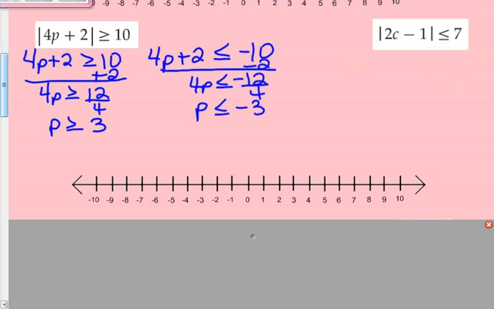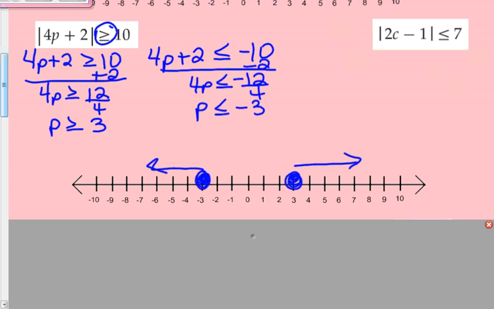And now, when we look up here, a greater than should mean these split apart. So we'll find our negative 3, fill it in, because it's equal to, and go less than. Find our positive 3, fill it in, and go greater than. And there's our answer. We've solved it and graphed both solutions.